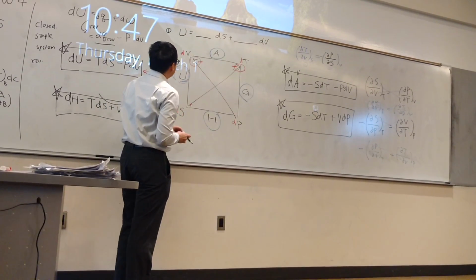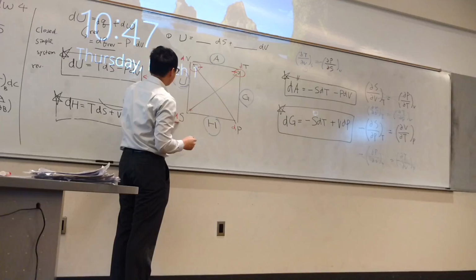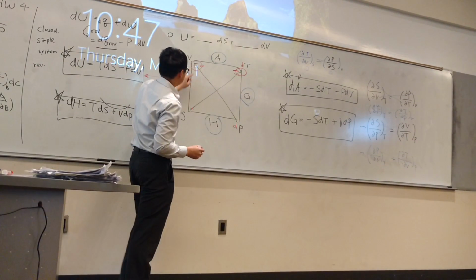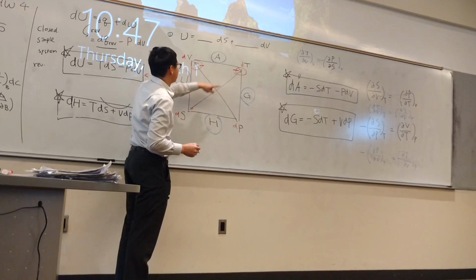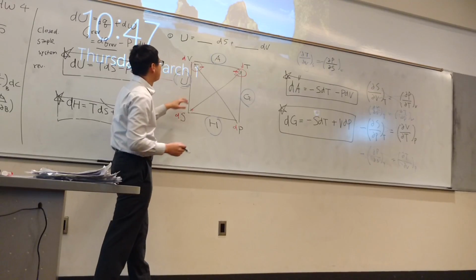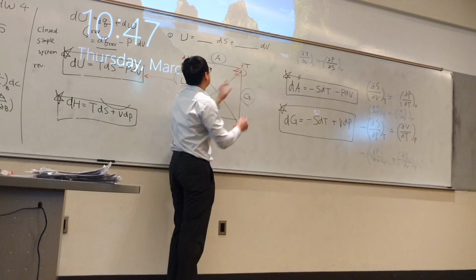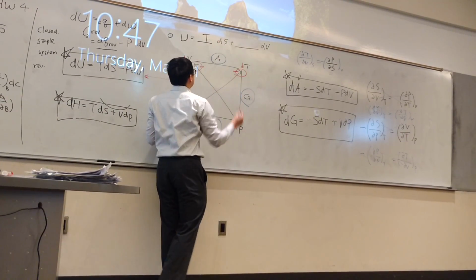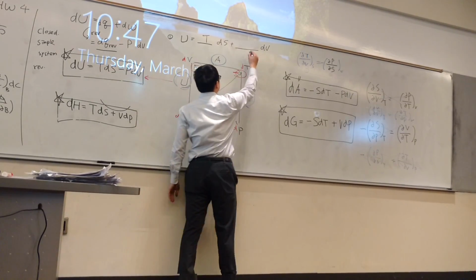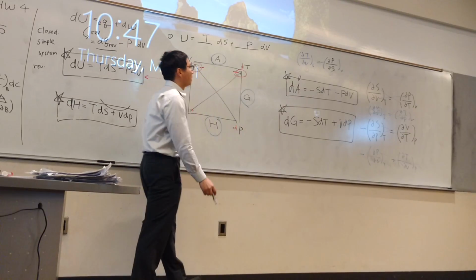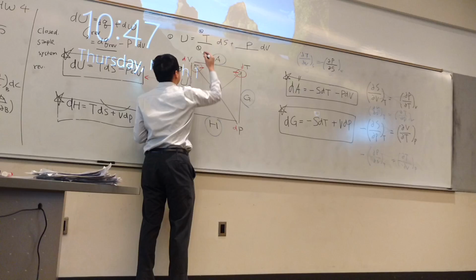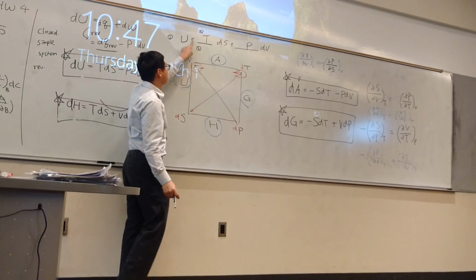Number two, see these cross lines? They tell you what fills in the blanks. For dS you have T, so it must be T dS, and for dV it will be P, so P dV. That's the second step. Third step, make sure you put the correct sign in front.